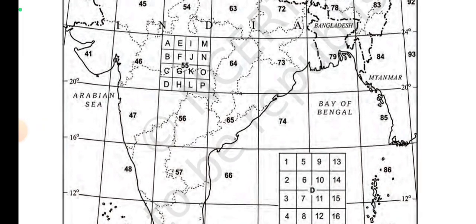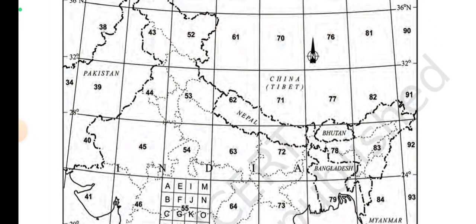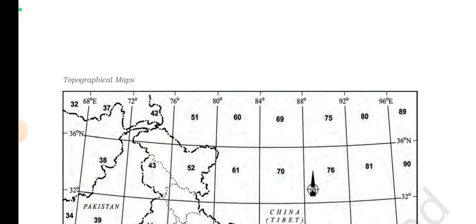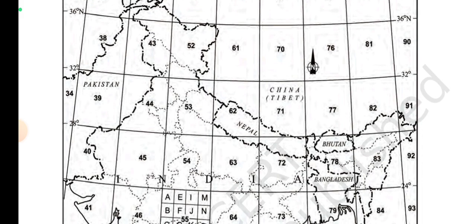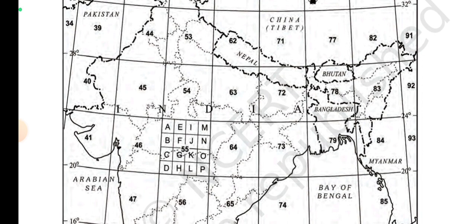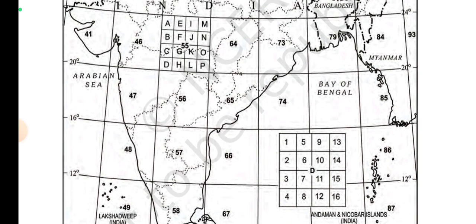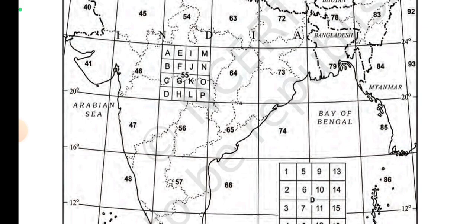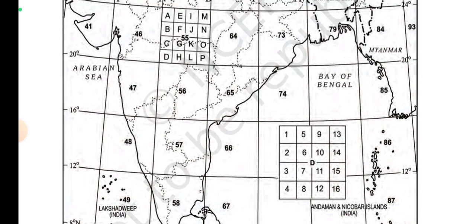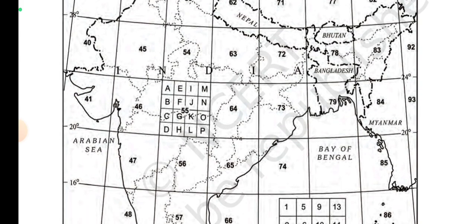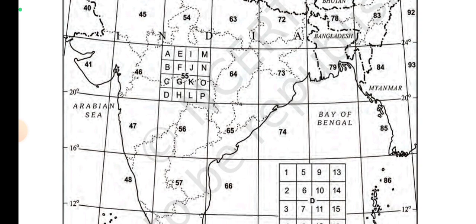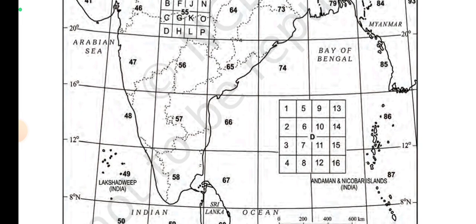So here the topographical system, how it is followed, is shown. See, first the entire India or the earth is divided into a grid like this, and these are numbered. Then each grid is divided from A to P, I mean you will get 16 divisions. Suppose the grid number 15 is divided into 16 grids again, so all are squares.